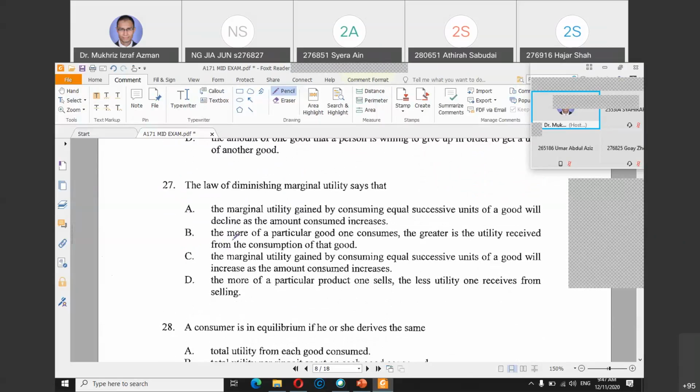The law of diminishing marginal utility. If you are unsure, you can go back to your notes or to your slides.